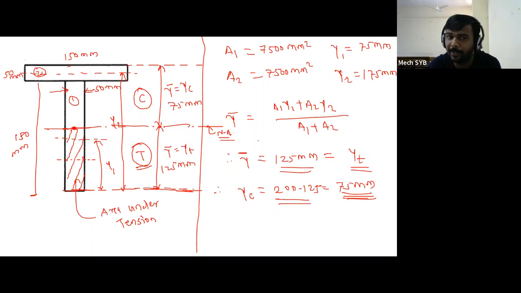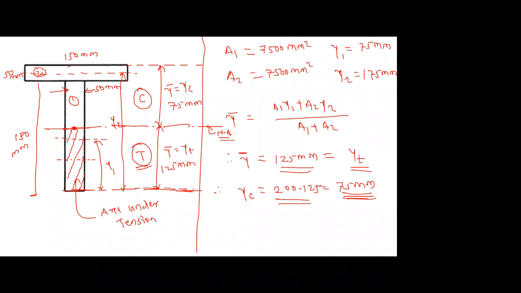What is the width of vertical rectangle? 50. And what is the height? 75.